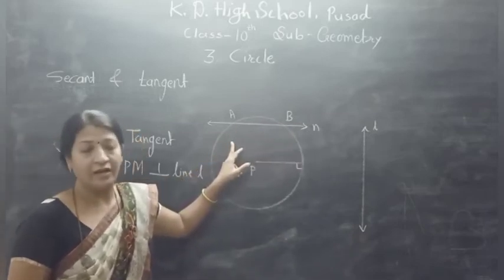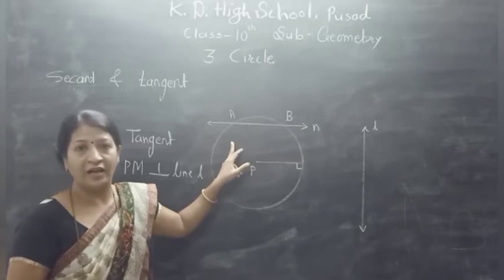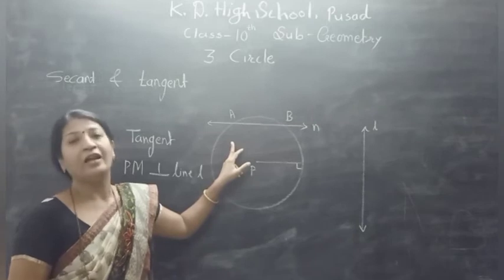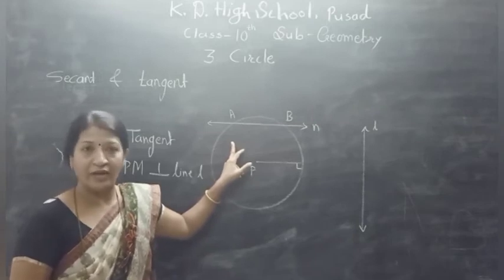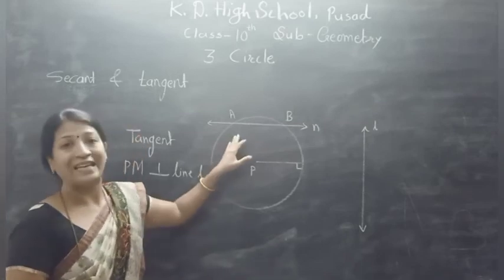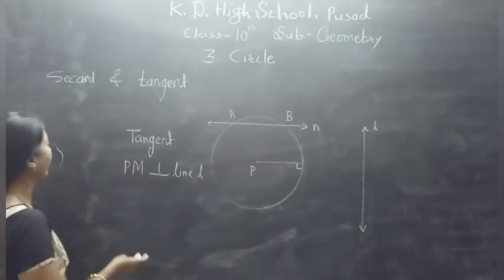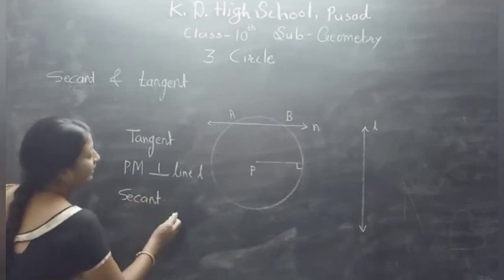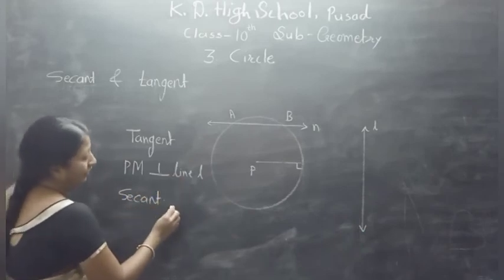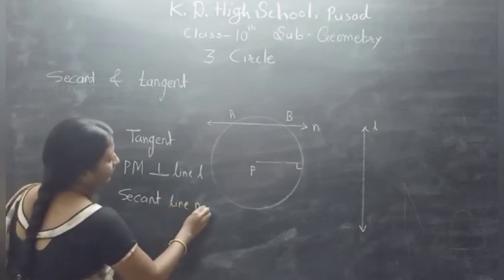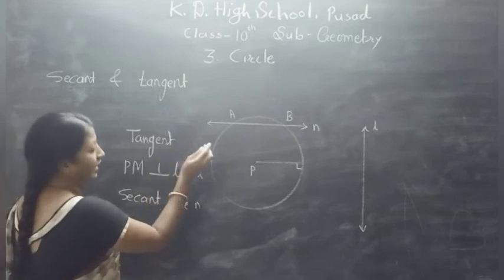In that situation, the line which intersects the circle in 2 different points is called a secant of the circle. Secant line N, and tangent L touches at one point.